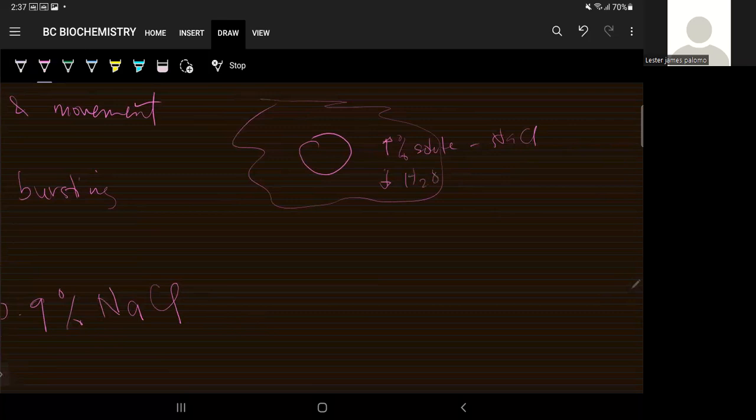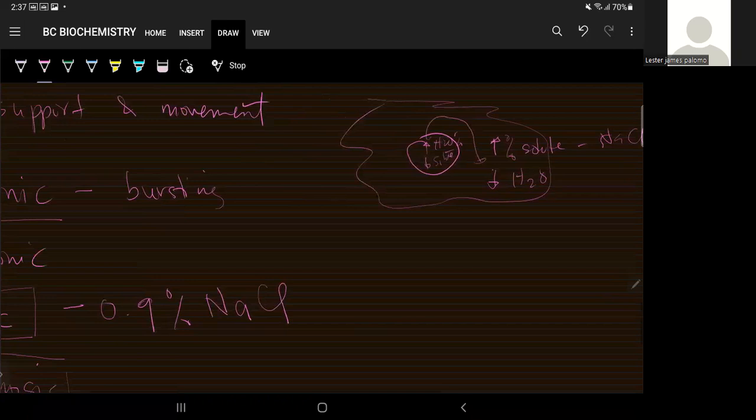While on the other hand, increase ang water, increase in water concentration inside the cell, lower ang solute. No? So therefore, what will happen, di ba? There will be, for example, movement of water from higher concentration to a lower concentration. So water will move outside. So it's not burst, sorry. I would like to correct this one.